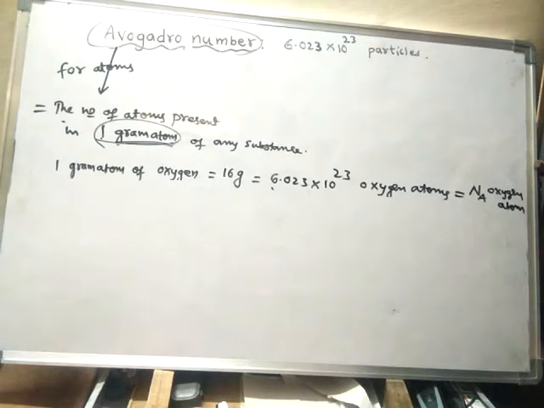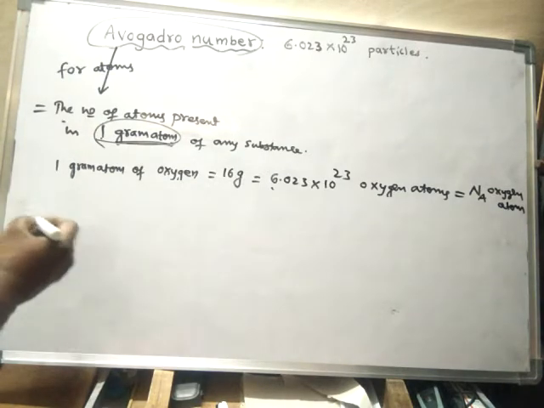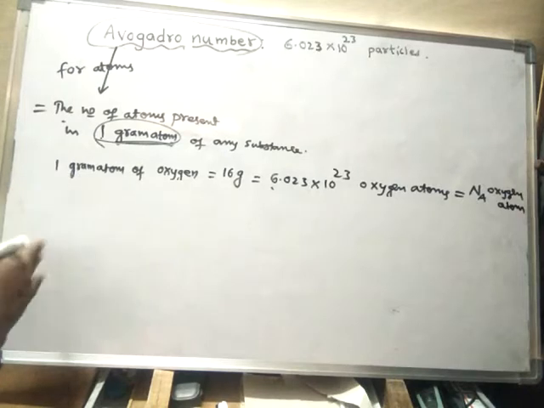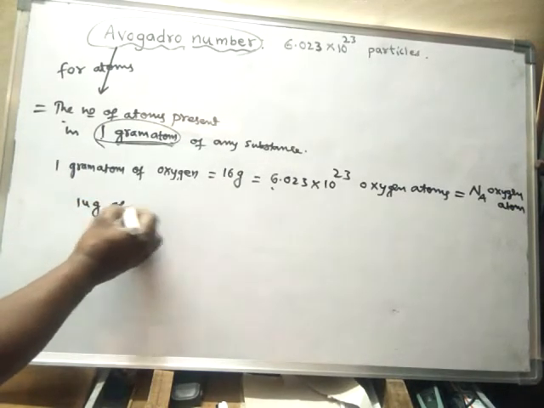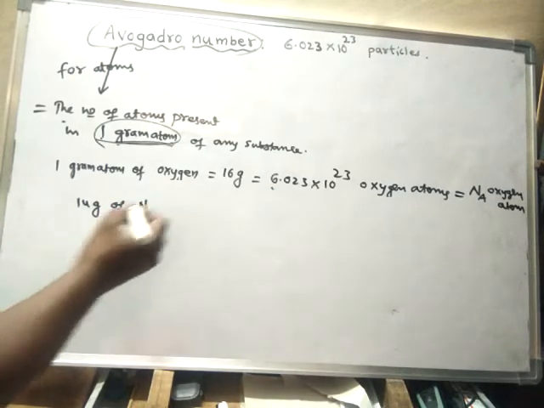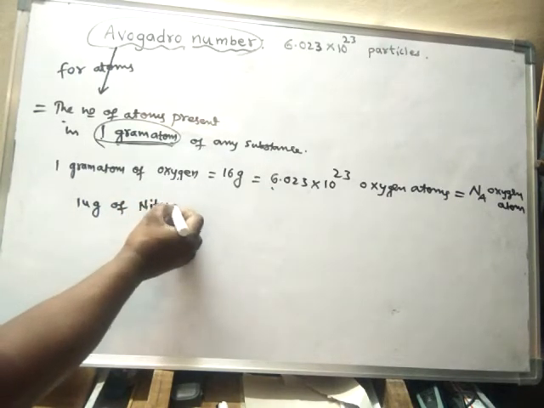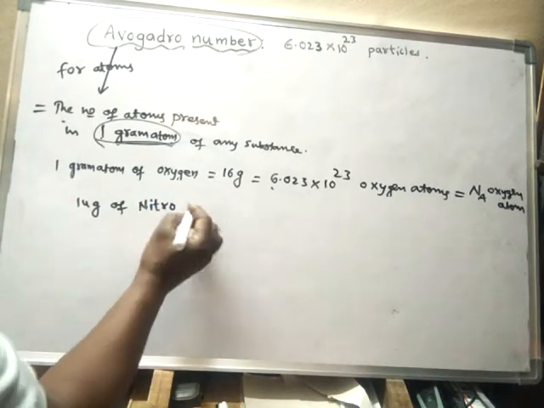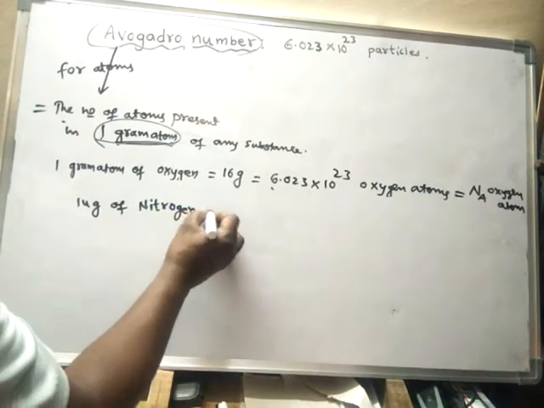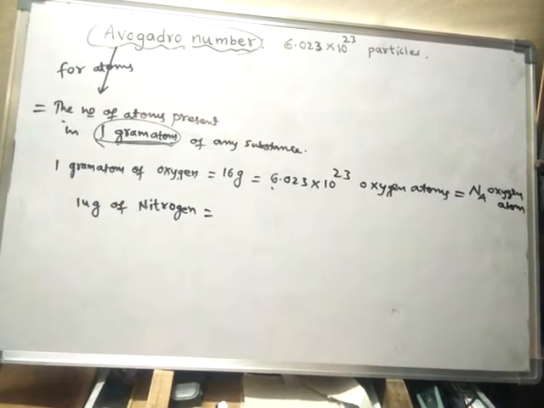Okay, one more example. If I write like this: 14 grams of nitrogen. 14 grams of nitrogen is equal to how many gram atoms?